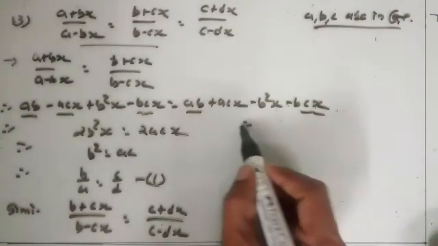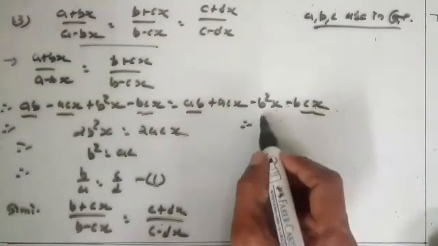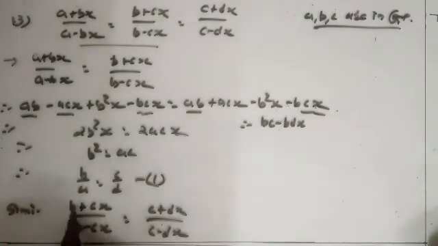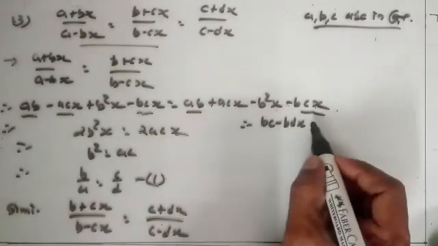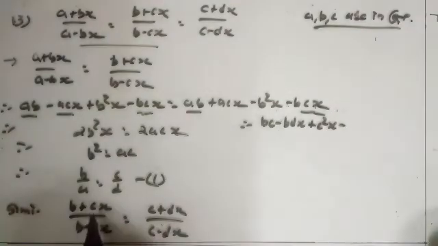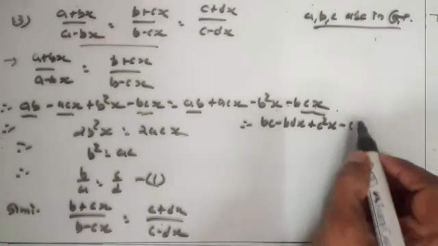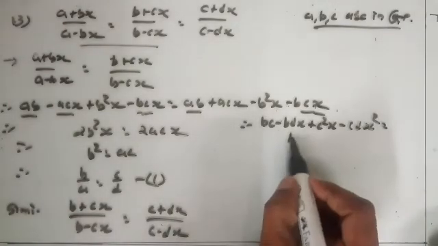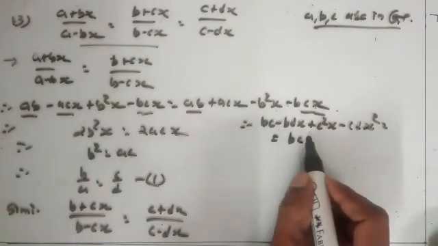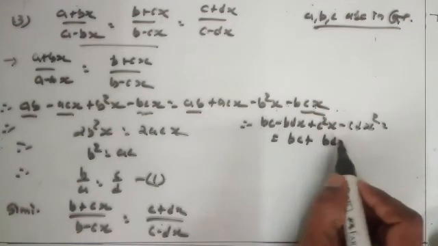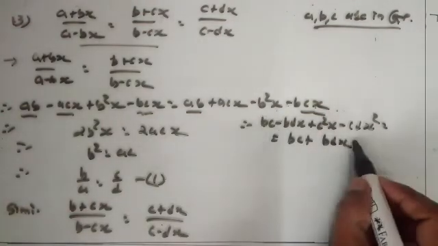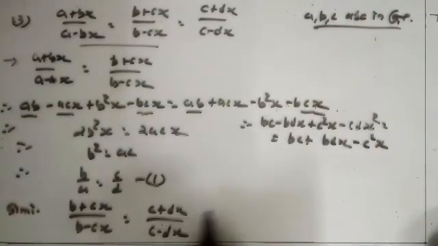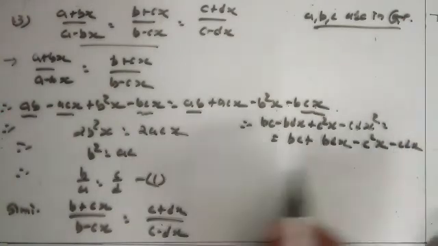Simplifying this, we get b into this, bc minus bdx, plus cx into this, that is plus c square x minus cdx square, is equal to b into this, that is bc plus bdx, minus cx into this, that is minus c square x, minus cdx square.